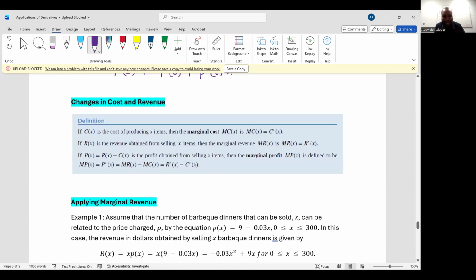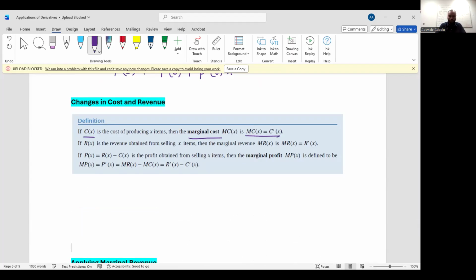Now, let us use the same idea to address another real-world situation, and this is in business. If we represent the cost of production of x items using C of x, then we say marginal cost is this. How so? Let me show you something real quick.